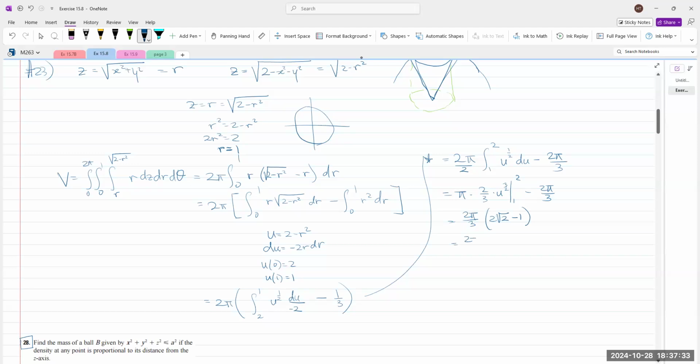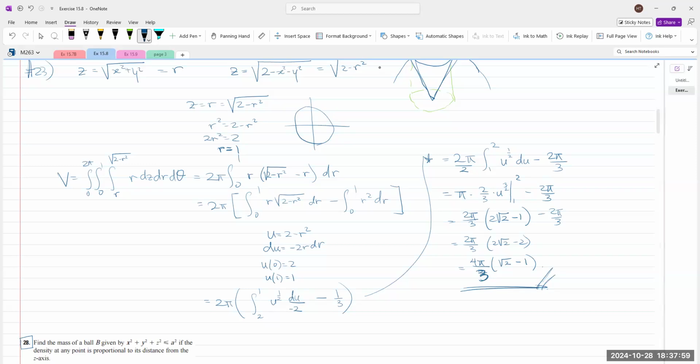Altogether, that will be 2 pi over 3 minus 2 pi over 3 again, right? So that's minus another 1, that's 2 radical 2 minus 2. I can factor the 2 out. That's radical 2 minus 1. Okay, that's for number 23.